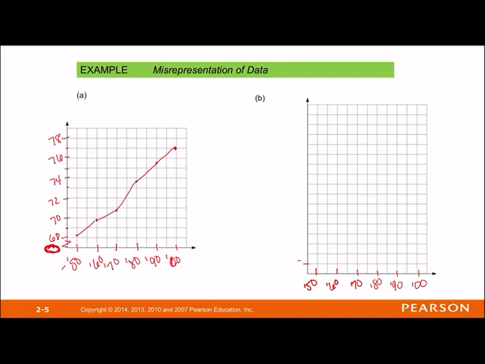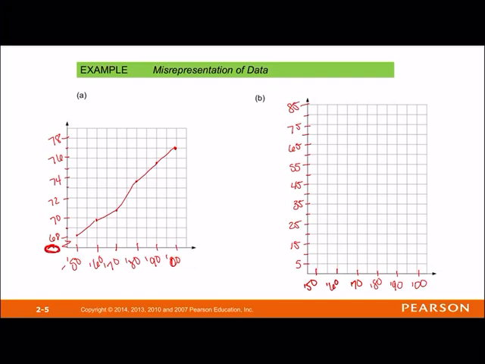So I'm going to go 5. And again, just to save space so it's not so mushed, that's 10, but I'm not going to write it. 15, 20, 25, 30, 35, 40, 45, 50, 55, 60, 65, 70, 75, 80, and 85.